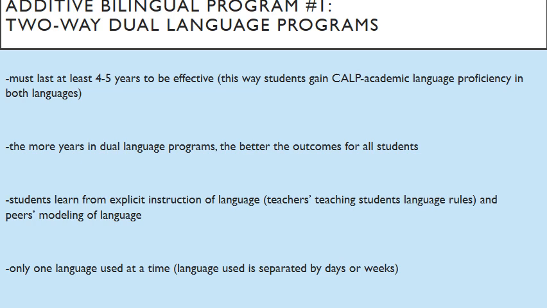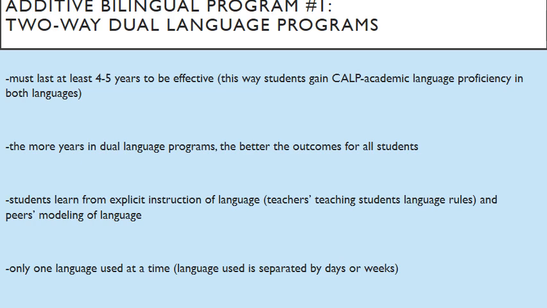Students learn not only from the explicit language instruction of their teacher, so the teacher will give them instruction on vocabulary, sentence structure, syntax, and writing conventions in both languages. However, students also benefit from, like we kind of mentioned before, the peers modeling of the language.